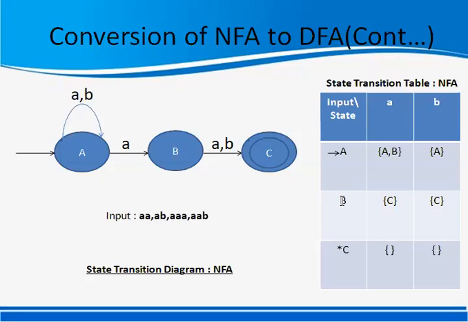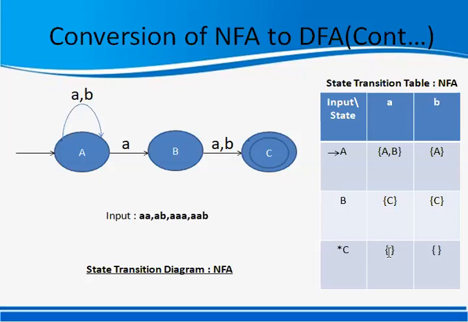Now we will check for the state B. From state B on input a, the next state will be C. So we have written here C. Now we will check for the input b. From state B on input small b, the next state will be C. So we have written here C. Now we will check for the state C. On input small a, we have no transition from state C on input a.